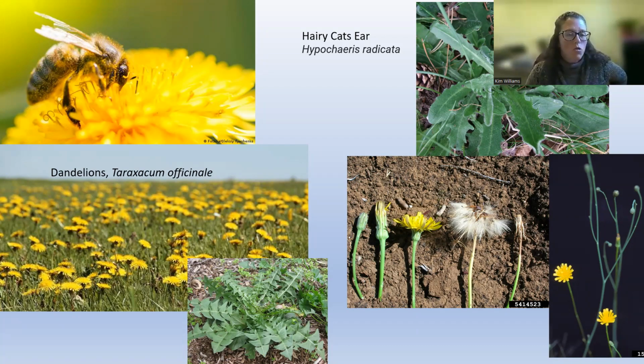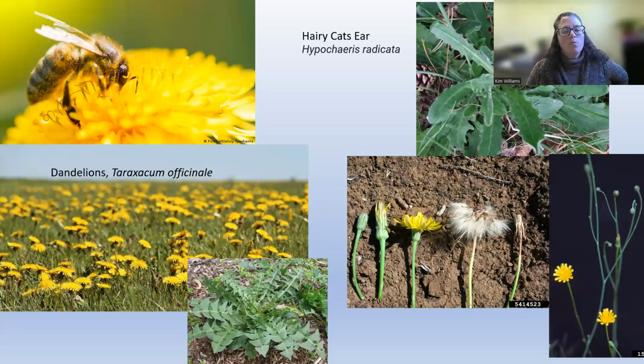It is great early pollinator food for the bees, and it's not as aggressive as hairy cat's ear. People confuse these two all the time. They are different. Hairy cat's ear has more lobed leaves and they are fuzzy, whereas dandelion has more spiky leaves and they are clean. There's no fur on them.